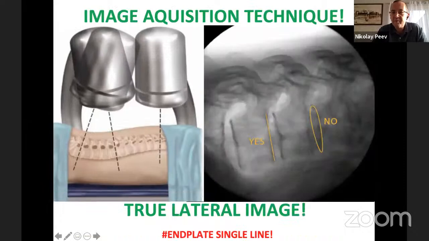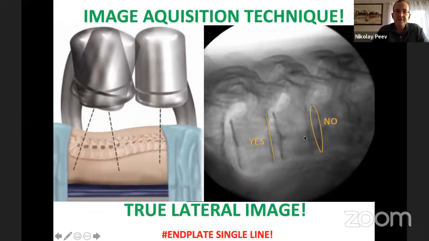Similar principles apply when you're getting your lateral images. A true lateral image means that your end plate of interest should be presented as a straight line, but not as an elliptical line as demonstrated on the right-hand side.